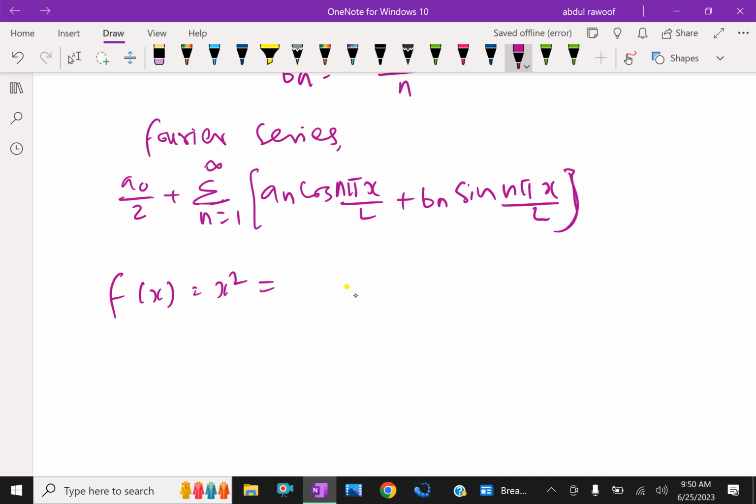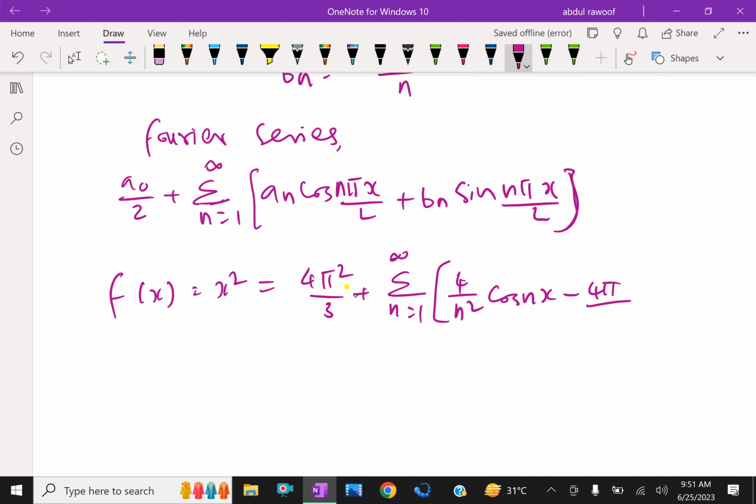4 pi square by 3, that is a0, plus sigma n equal to 1 to infinity, then 4 over n square cos nx minus 4 pi by n sin nx.